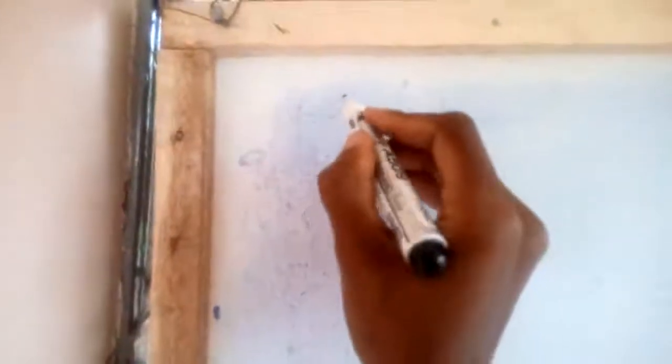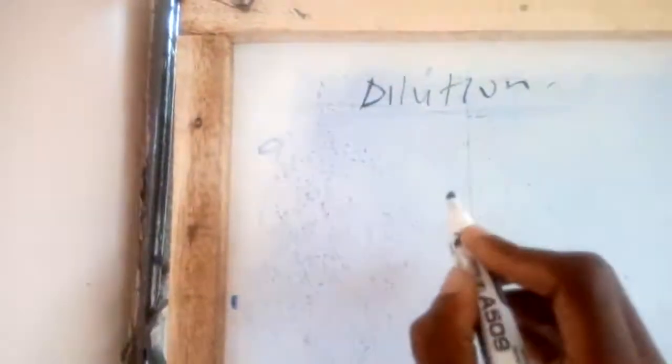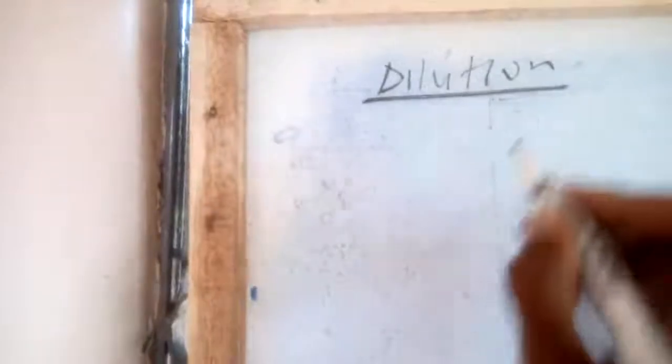Therefore, we will come to the concept of dilution. As far as the concept of dilution is concerned, I think I explained it very well in the previous lesson, whereby I said that you are supposed to analyze the question.